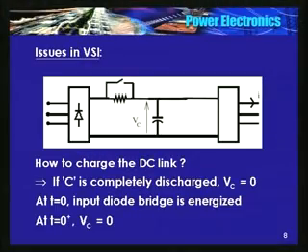Okay. Now, let me discuss some of the issues in the voltage source inverter. Okay. What are they? See, a general purpose AC to DC and DC to AC converter configuration.